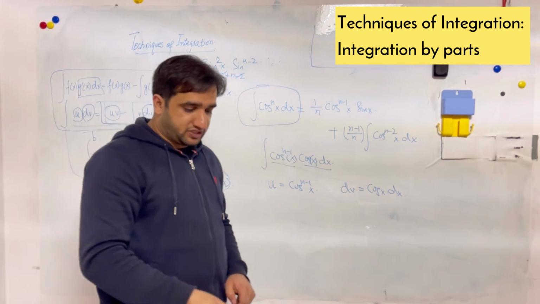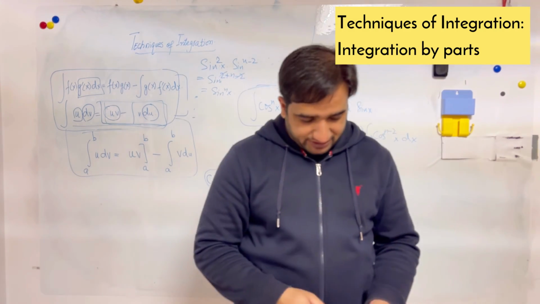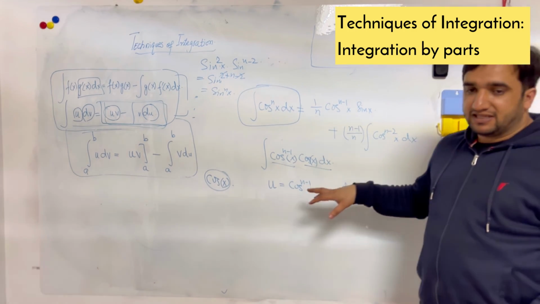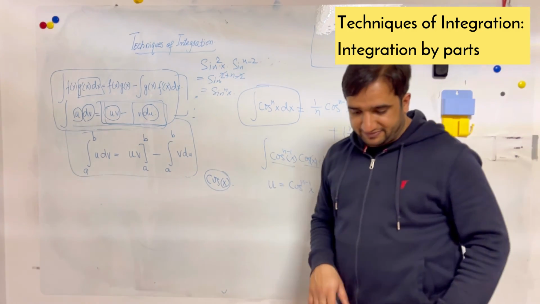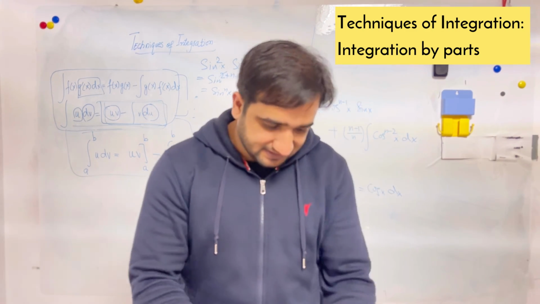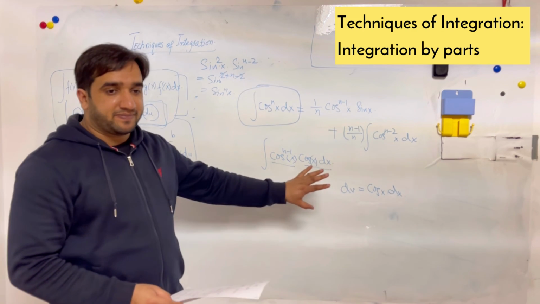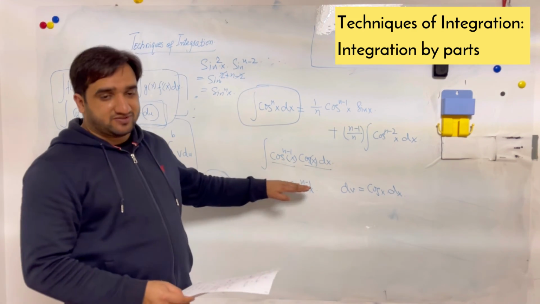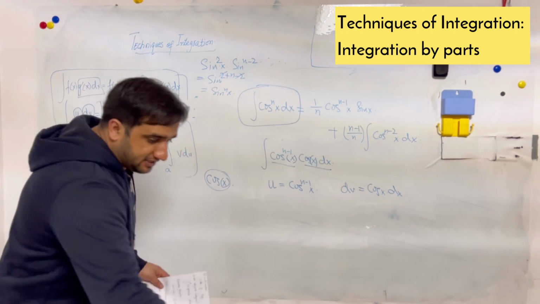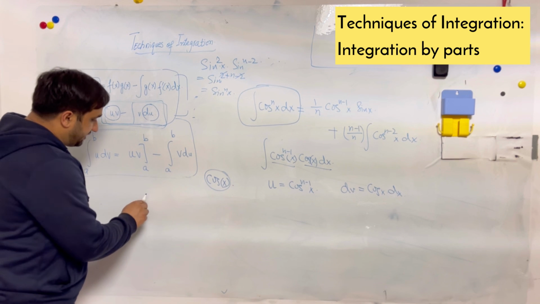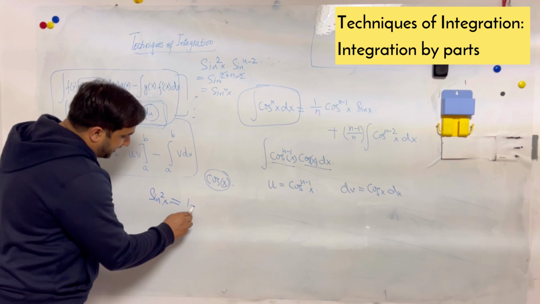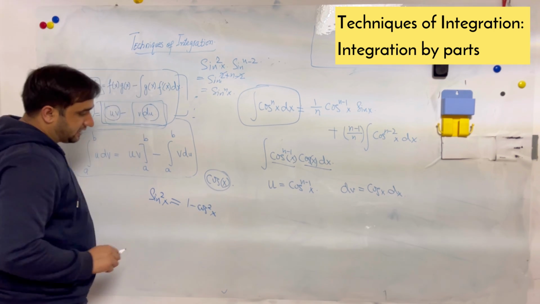I'm going to share the picture of the sine version so that you can check it and do the same. You have to do the same, only the calculations will be different. It's the same pattern, just keep going, and when you have sine square x somewhere, you can replace it with 1 minus cos square x from the same formula.